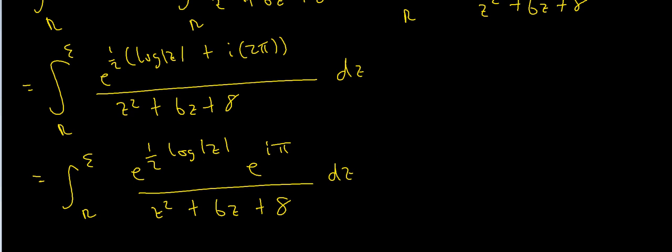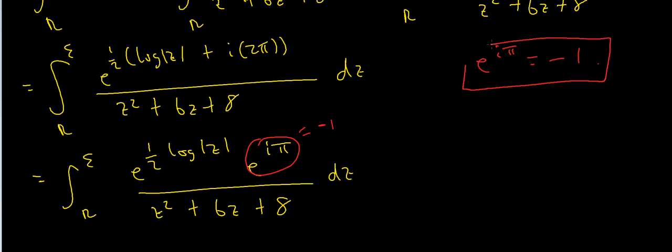Well, as you probably all know, the famous identity now comes in handy, because e to the i pi is equal to -1. That's the famous identity, one of the most beautiful identities in mathematics, because it combines the transcendental numbers e, pi, and the imaginary unit i. And what does that let us do?